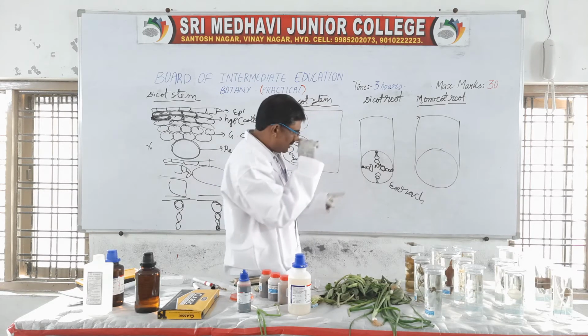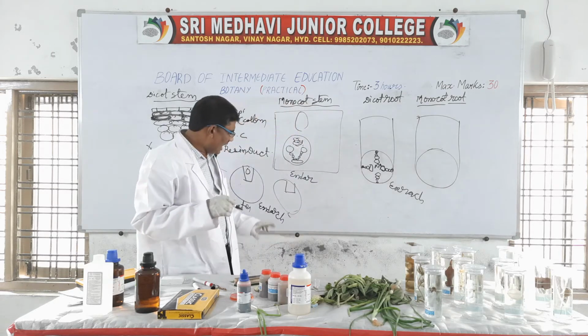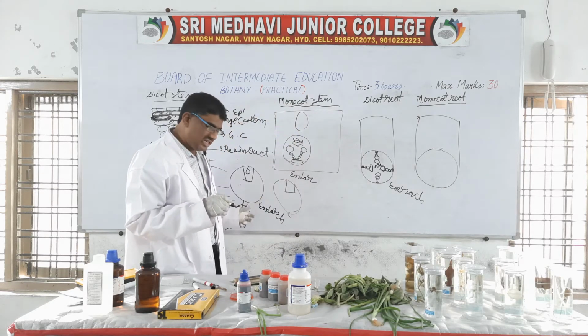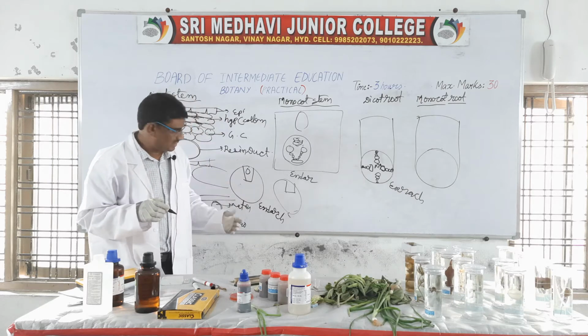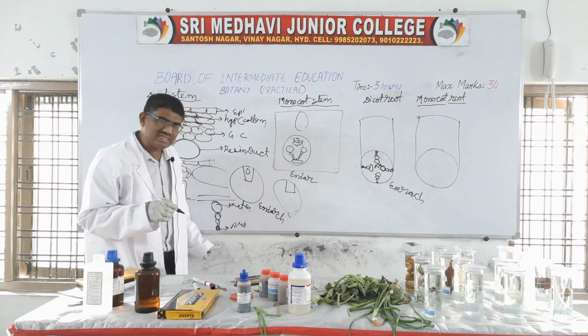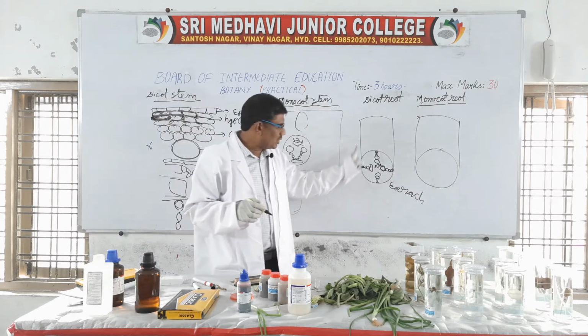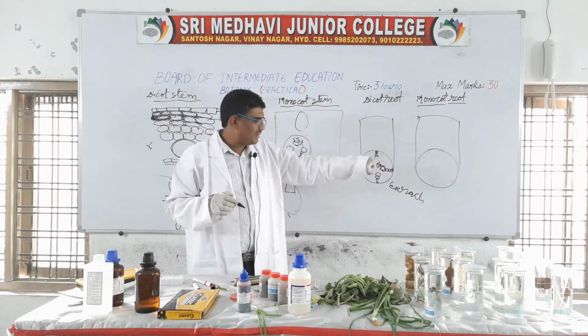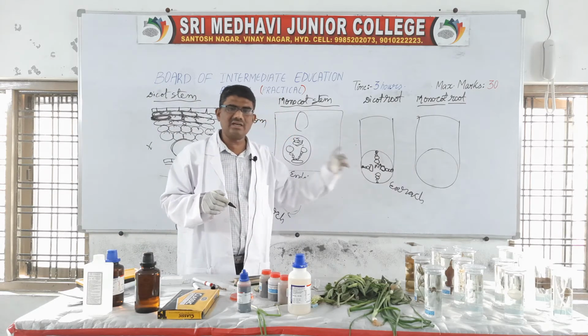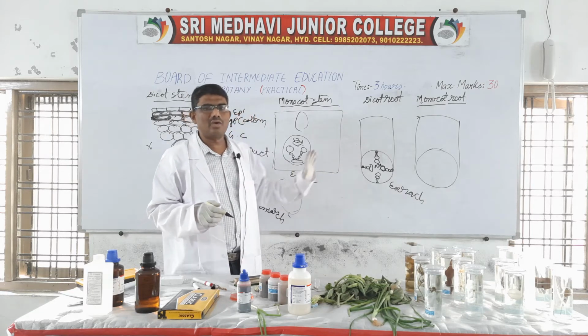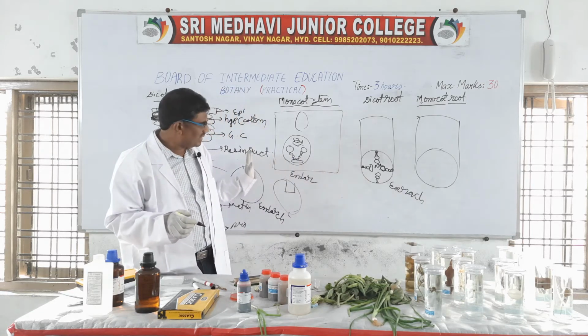Here it is exactly opposite. In a stem, the protoxylem is towards the center and the metaxylem at the pericycle side. In a root the protoxylem is peripheral and the metaxylem central. That is the differentiation between dicot root and stem.